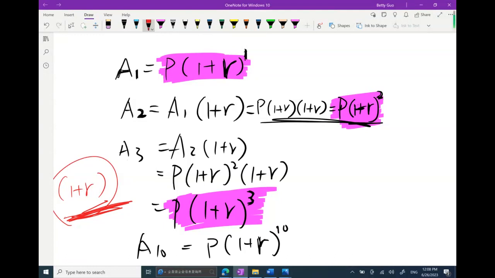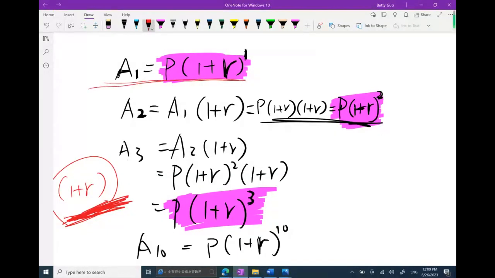How does the formula for compound interest look? It's very well formed. P is the original principal. A is your accumulated balance. Every time your interest is compounded one time, you just need to multiply by this compounding factor one time.